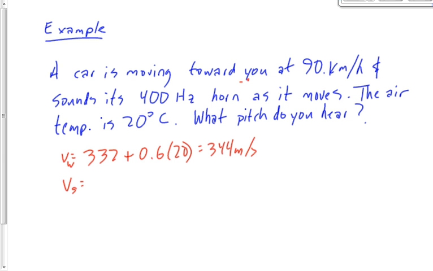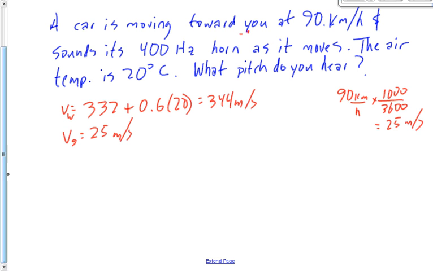I'm going to convert that to meters per second by multiplying by 1,000 and dividing by 3,600, which gives me 25 meters per second. So the speed of the source is 25 meters per second. The wave will usually be a bigger speed than the source. It doesn't have to be, but it usually will be.